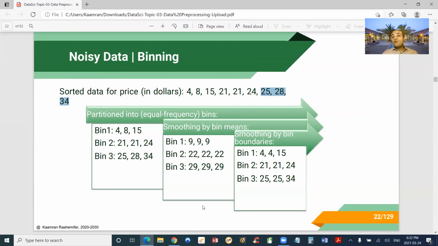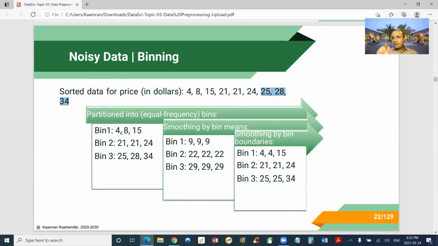Now, in order for me to smooth the data, and if you want to argue, in my case, you could say 4 and 8 seem to be very close, and 15 seems to be far away. That's a strange spectrum that I have. Now, you could say I'm going to replace them all by the average. Take a look at 4 plus 8, 12, and 15, 27.